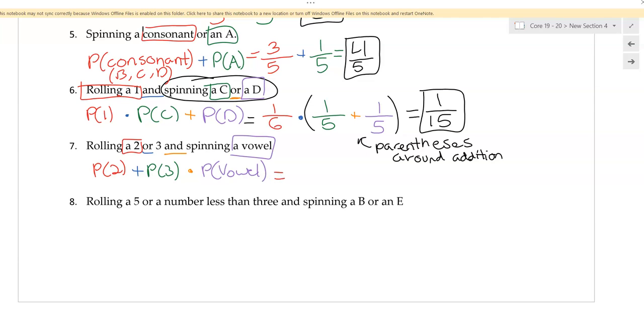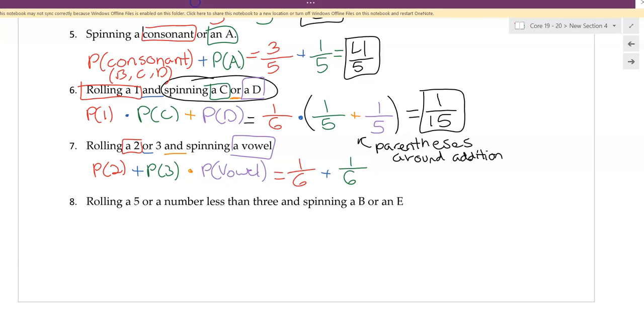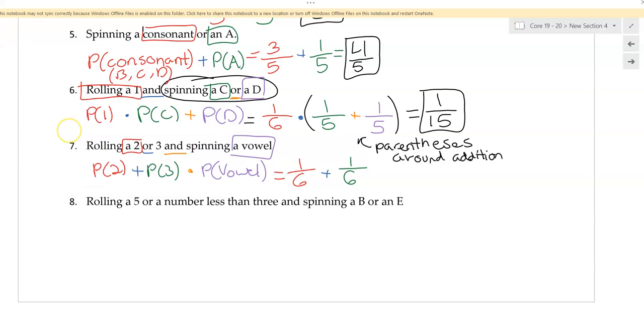So the probability of a 2, well, there's 1 2 on a die, plus the probability of a 3, there's 1 3 on a die, out of 6 total, times a vowel, right?